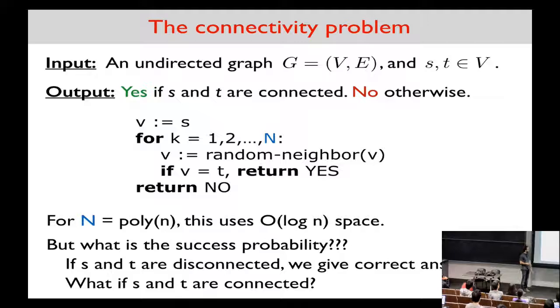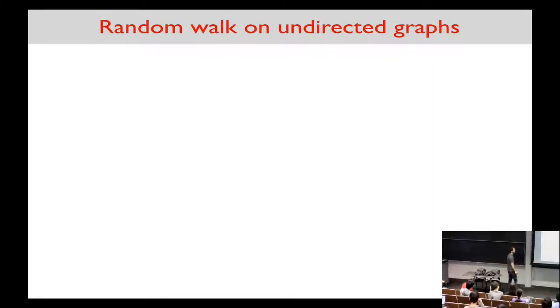So the interesting case is when S and T are connected, and we want to know what is the probability that my algorithm will say yes, they are connected. What's the probability that my random walk that starts from S will actually reach T? I want that probability to be non-negligible, some good probability.